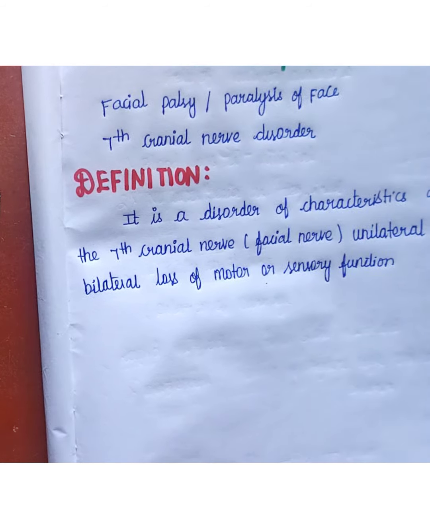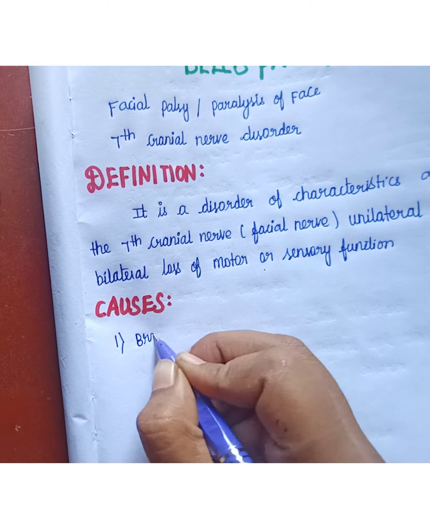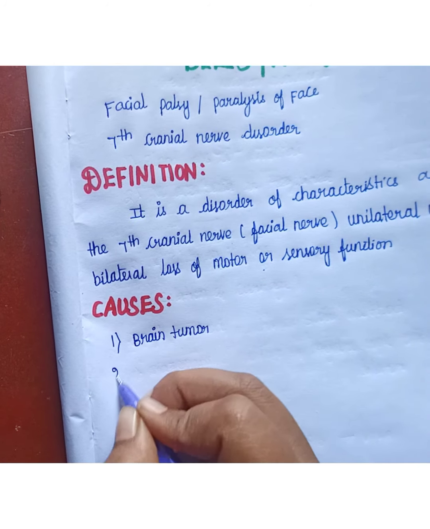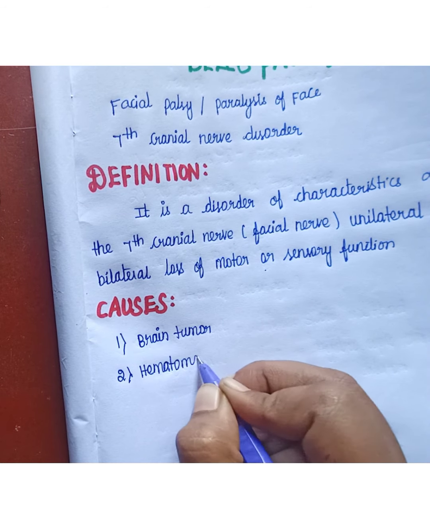Next one is causes. In causes, the first one is brain tumor, the second one is hematoma, and the third is stroke.